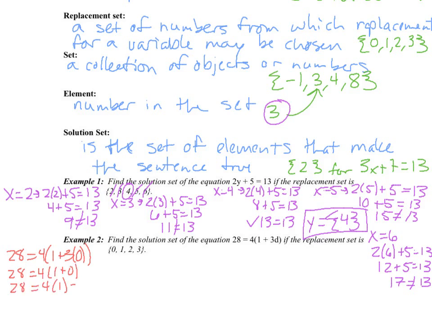So therefore I get 28 equals 4. That is not in there. Let's try 1. So 3 times 1 is 3. One plus 3 is 4. 4 times 4 is 16. That is not in my solution set either.